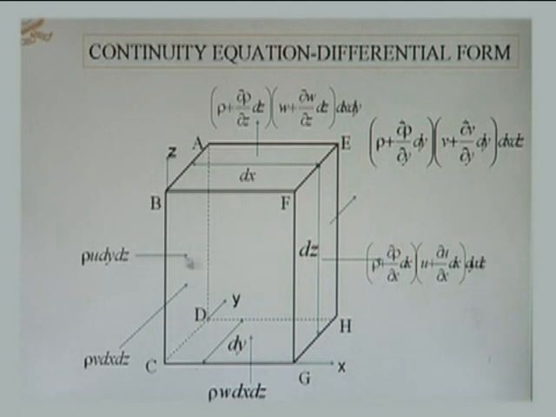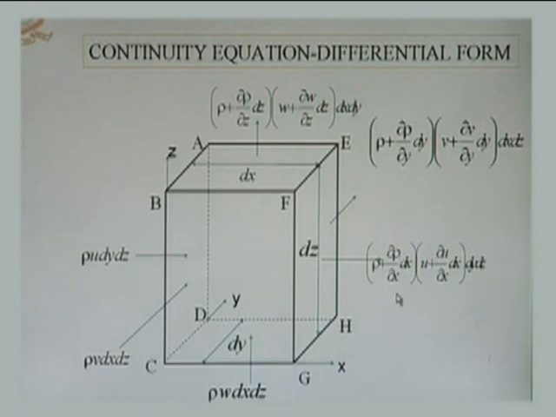Now, this mass which is entering in the x direction with velocity u is going out through face E, F, G, H in the x direction. With the help of the Taylor series expansion, neglecting the higher order terms, the mass flow out through face E, F, G, H will be equal to rho plus del rho over del x into dx.